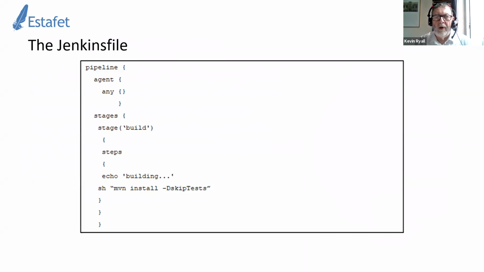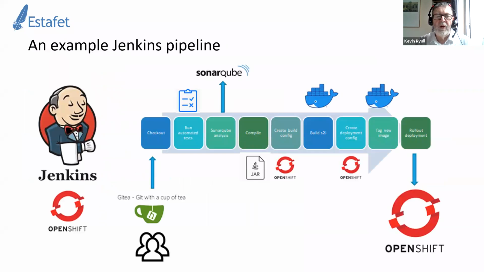You will be using a Jenkinsfile, creating one, but it does look like this. An example Jenkins pipeline is just a set of steps. Something a bit like this will appear in the OpenShift console, and you will see it as the build steps progress. This is a schematic, an idea of what it is.